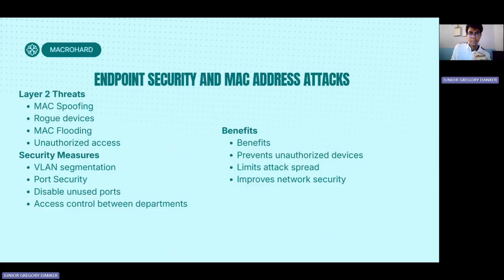Moving on to endpoint security and MAC address attacks. At layer 2, endpoints are vulnerable to attacks such as MAC spoofing, rogue devices, MAC flooding, and unauthorized access. To prevent this, there are a few security measures that could be implemented, such as VLAN segmentation, by segmenting different departments into different VLANs, or port security, by enabling port security on the access ports and disabling any ports that are currently unused.